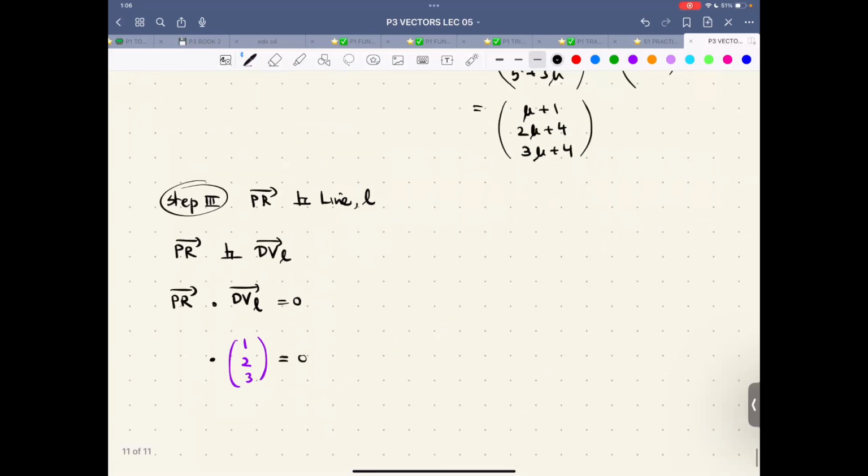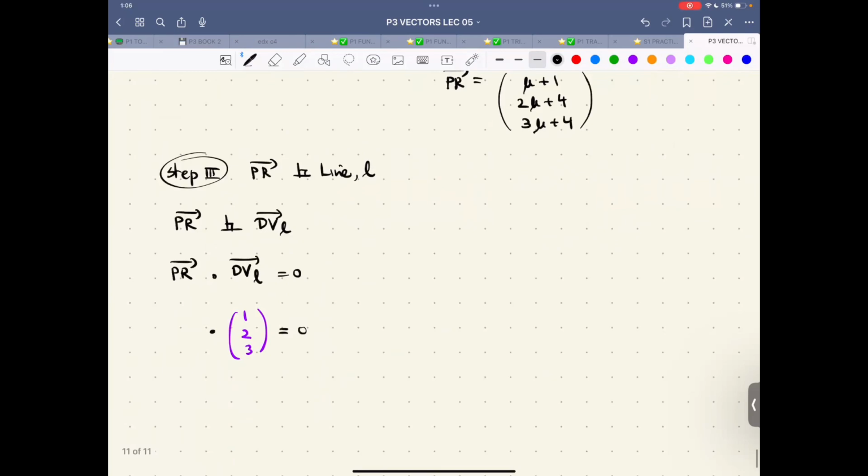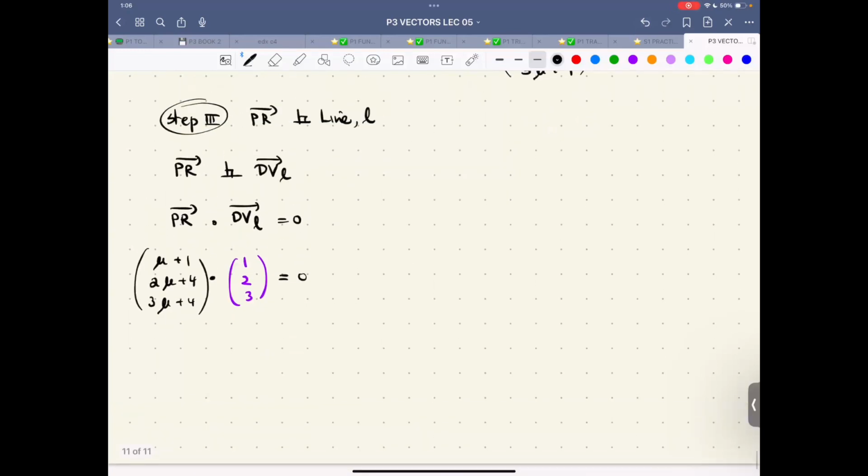There is a dot product and PR is right over here. That is PR. Mu plus 1, 2 mu plus 4, and 3 mu plus 4. So now let me do the dot product. So again, some coloring.